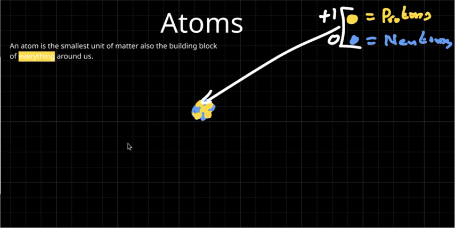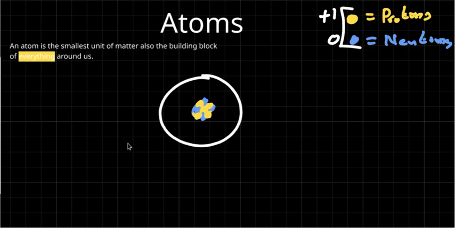Now, we don't only have protons and neutrons in an atom. We also have an outer shell, and on that we'd have electrons. Now let's put that in our key.